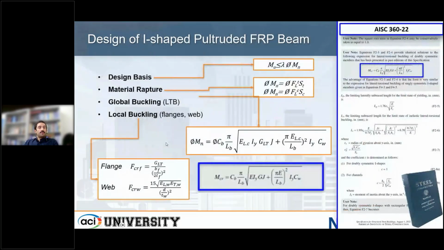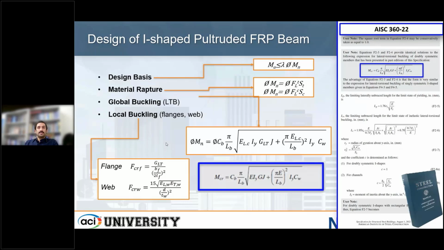In this slide, I brought the design equation for an I-shaped pultruded FRP beam. In the design of pultruded FRP we consider not only material rupture, but also various types of buckling, including global buckling, like lateral torsional buckling along the pultruded FRP member, and local buckling in the flange and web.